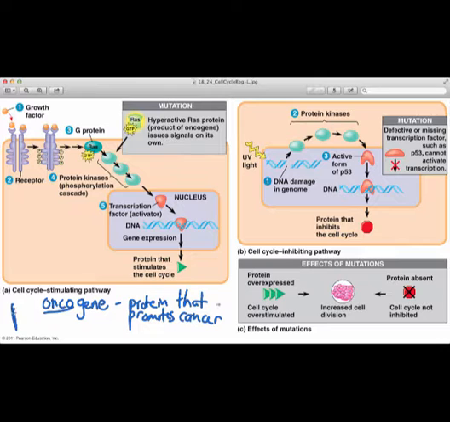So the proto-oncogene is a gene that has a normal function in growth, all right? This is a protein that has a normal function. Once it's mutated, it becomes an oncogene, okay?